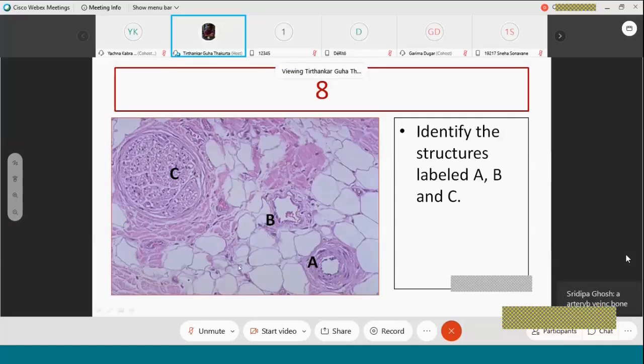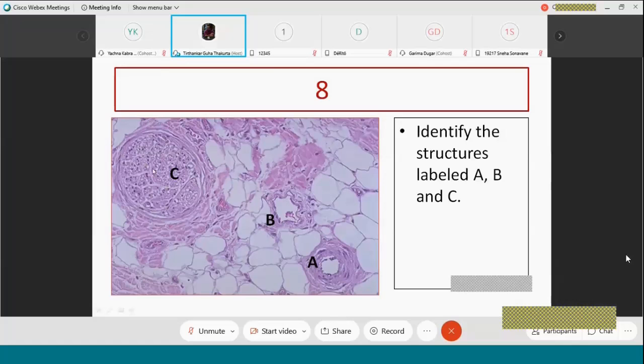But this C structure is very interesting. If you look carefully, it is some kind of a cylindrical structure which in the cross section appears circular. And this cylinder has an outer connective tissue layer. Inside, there are multiple compartments or septa, and each septum contains small round dots.